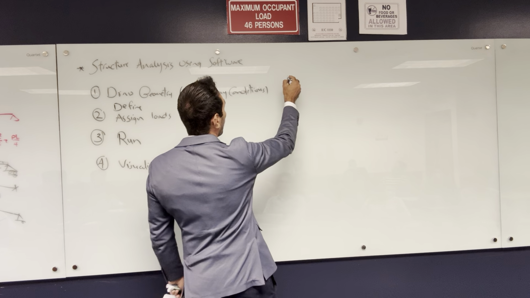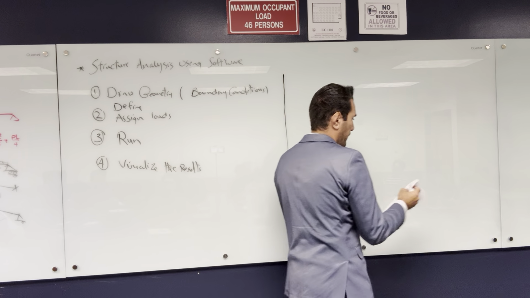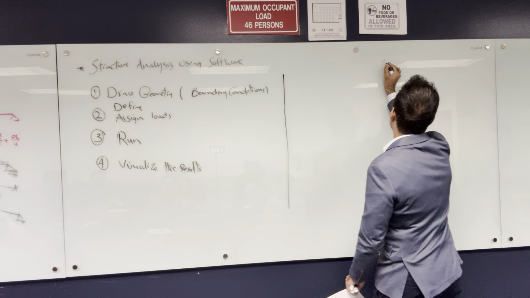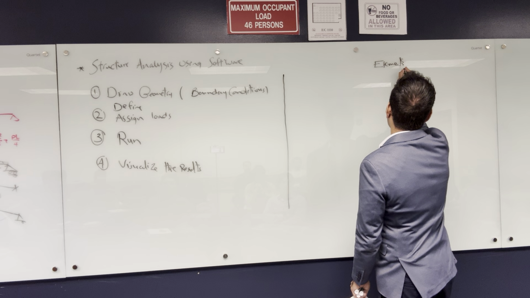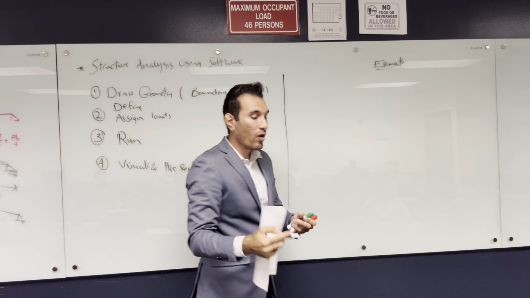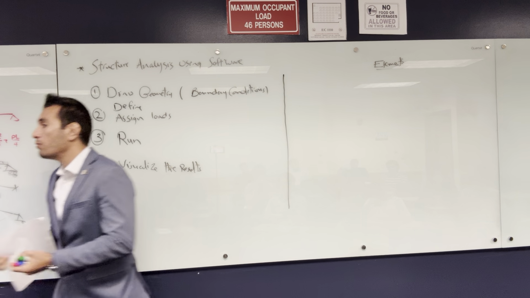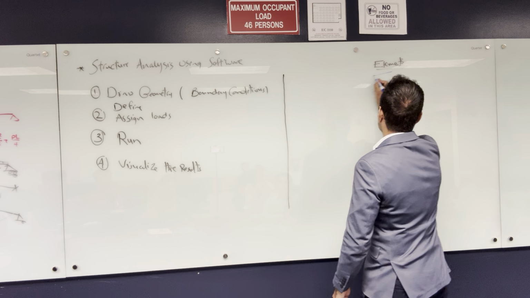All right, so before I start SAP 2000, I want to introduce you to the elements that we use to model structures. So we have 4 elements.